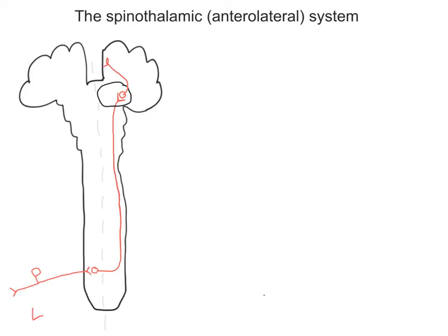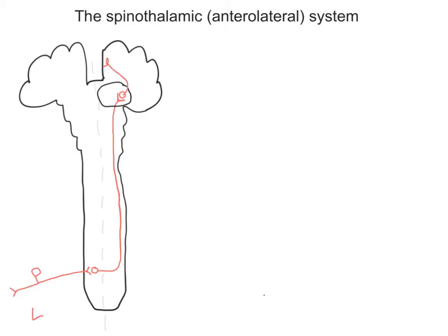So there is the pathway for sensory information in the spinothalamic system from the lower half of the body. The spinothalamic tract specifically refers to this pathway here. So this is the spinothalamic tract, i.e. the tract connecting the spinal cord to the thalamus, hence the spinothalamic tract.